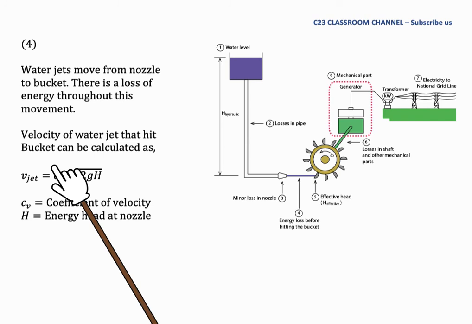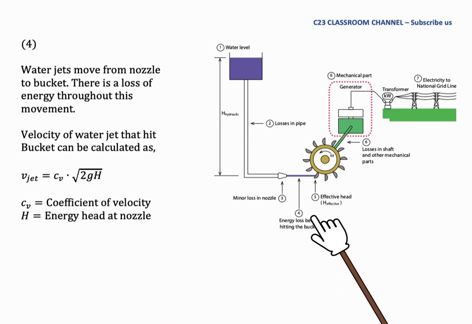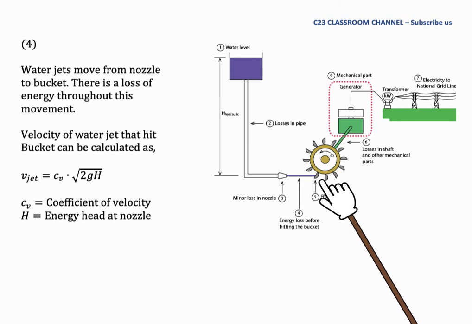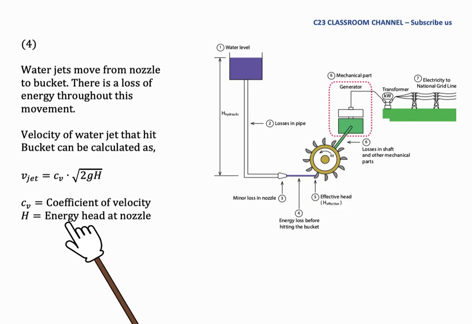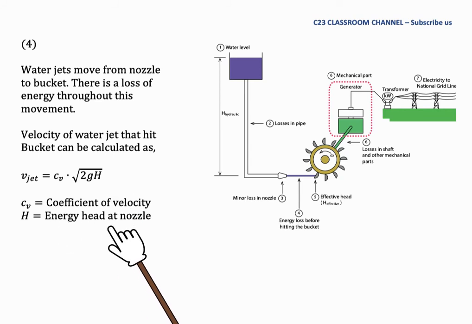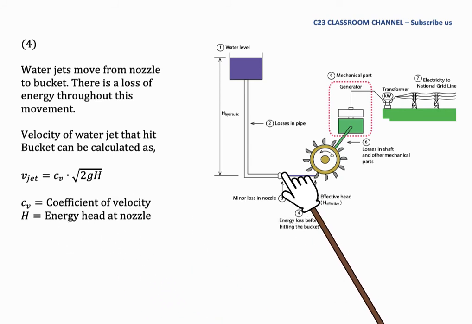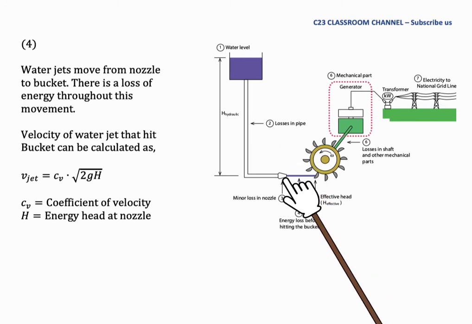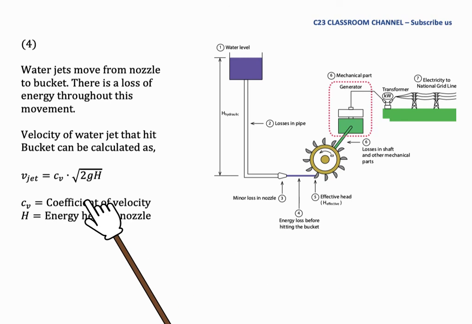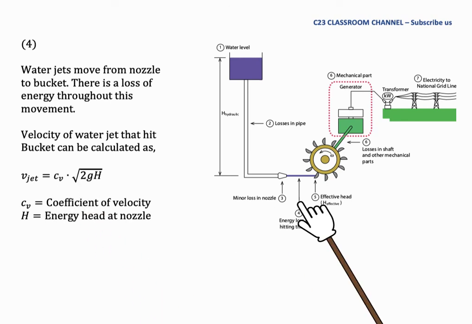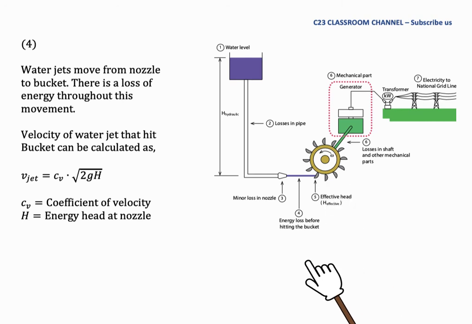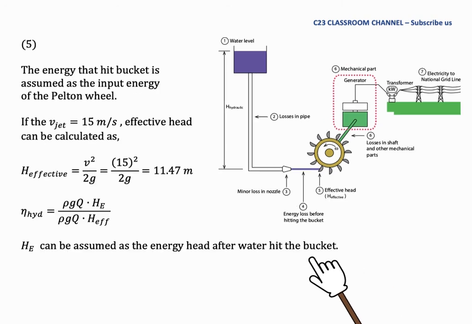The Cv represents the energy loss of this water jet before it hits the bucket. The energy head H must be taken at the nozzle, because we calculate the velocity at the nozzle and multiply it with the coefficient of velocity to get the velocity that hits the bucket.